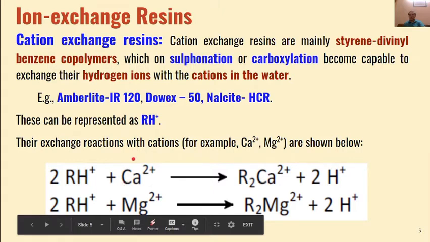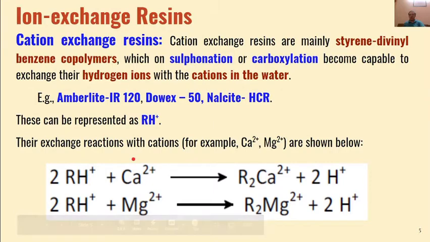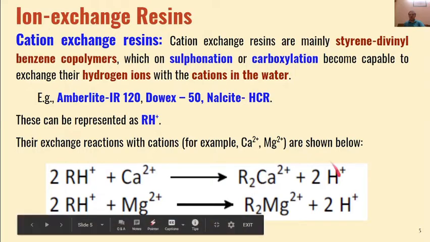So our resin will now have calcium ions, whereas the H ions will be released into the hard water. Similarly, if our hard water contains magnesium ions, those magnesium ions will be substituted into the cation exchange resin by replacing H ions. So these H ions will go to the water, and the magnesium will become attached to the polymer, which is the ion exchange resin.